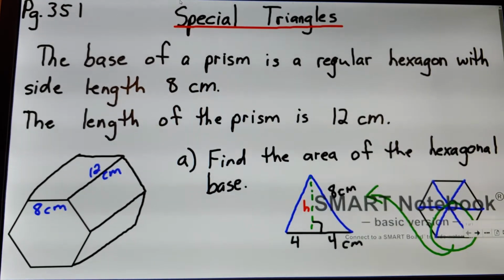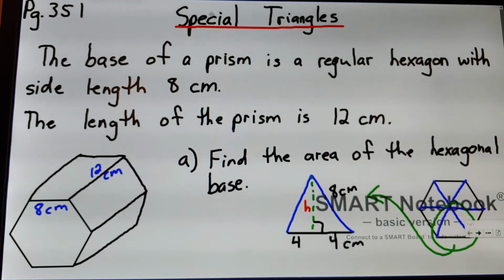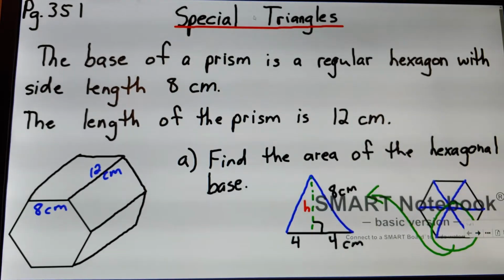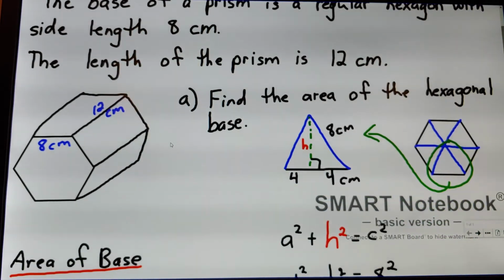Well, to do that, first, we are going to break that hexagonal base into 6 equilateral triangles by drawing a line from vertex to vertex. And again, a vertex is a spot where 2 lines meet, and they form an angle.